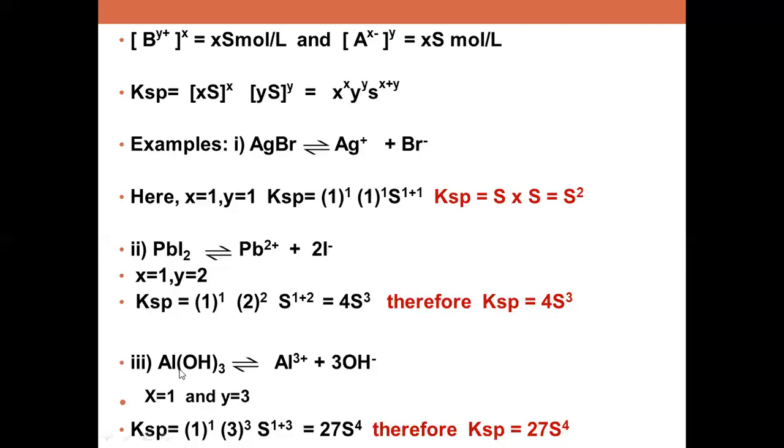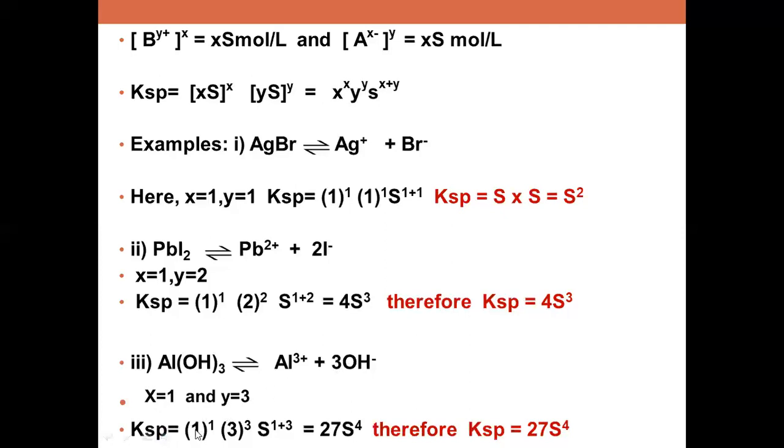Then third one, Al(OH) thrice, it dissociates into Al3 plus and thrice of OH minus. What is the value of x? That means this one x, there is no coefficient but here we can imagine the coefficient of Al is 1, therefore x is equal to 1, and here coefficient is 3, therefore y is equal to 3. Then what is the value of Ksp?